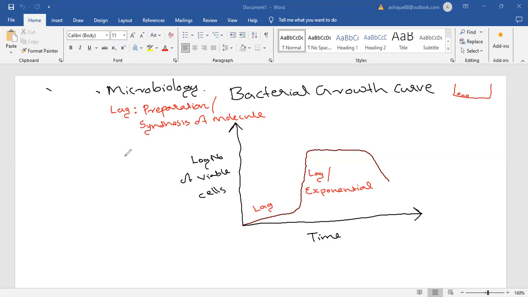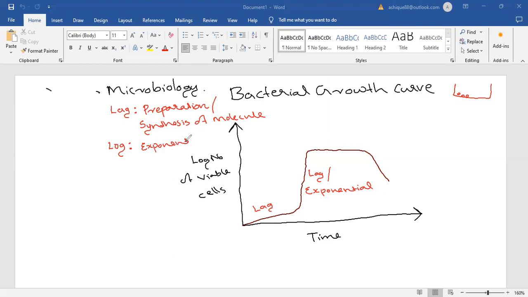What is happening during the lag phase? During the lag phase, the preparation was happening, right? So during the log phase, what happens? During the log phase there is maximum growth, so the bacteria will divide faster; you can call it exponential growth of bacteria.